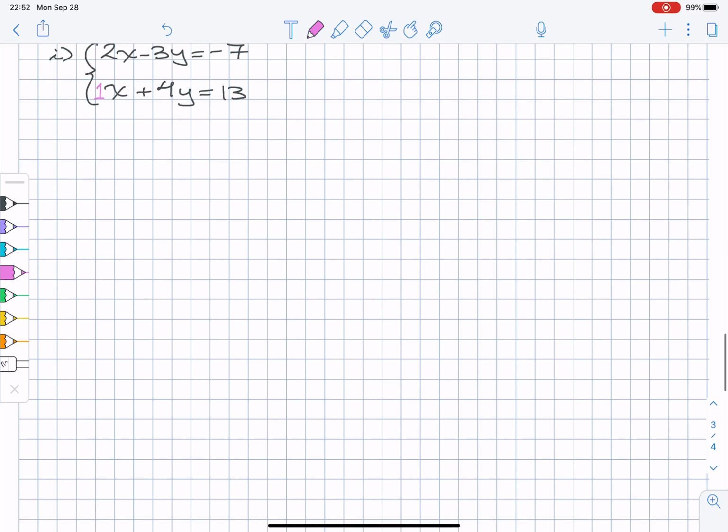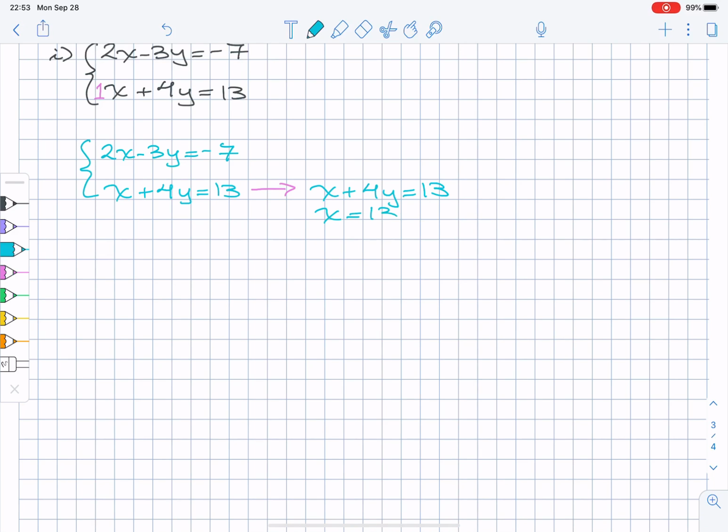So I'm going to rewrite the system. 2x minus 3y is equal to negative 7, and x plus 4y is equal to 13. And I'm going to solve this one for x. So I claim that x is 13 minus 4y.